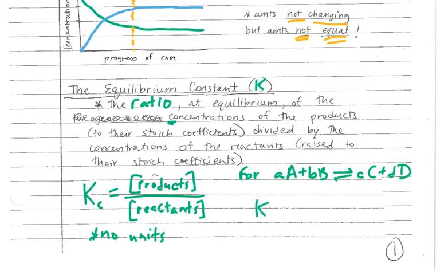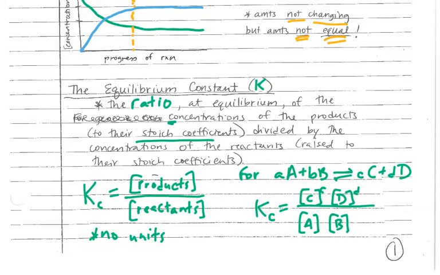The equilibrium constant expression for this reaction would be that K sub C equals the concentration of the products, C and D, raised to the power of their stoichiometric coefficients, so C has a little c and D has a little d, divided by the concentration of the reactants to the power of their stoichiometric coefficients.